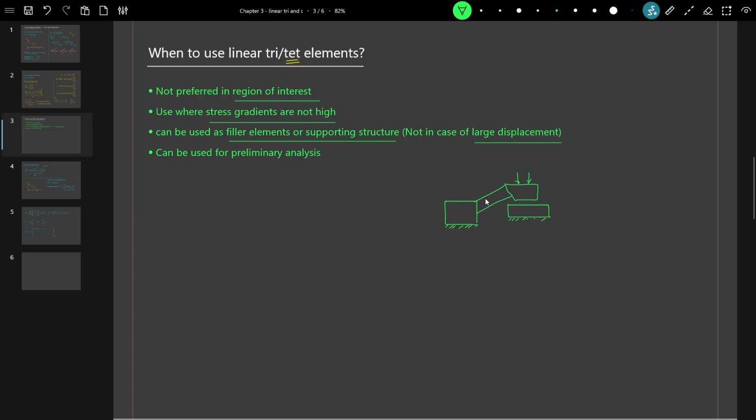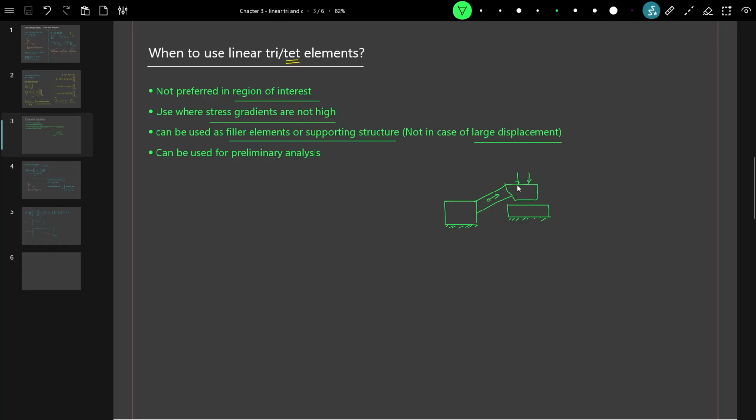Now we might say that this is a region I am not interested in, and this region is also not of much interest. So I will do a linear tri element meshing in this region and this region as well. Here you might use hex elements or second order tri elements, but we have to be careful.